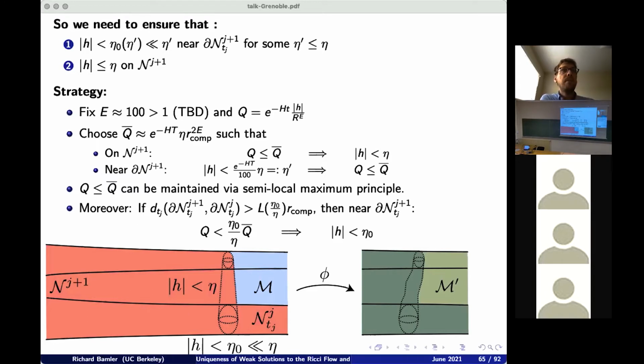Here is where we use again the semilocal maximum principle, and we use the fact that the constant alpha in the semilocal maximum principle can be chosen as small as we want if we choose the size of the parabolic neighborhood large enough. Let me go backwards to show you the semilocal maximum principle.